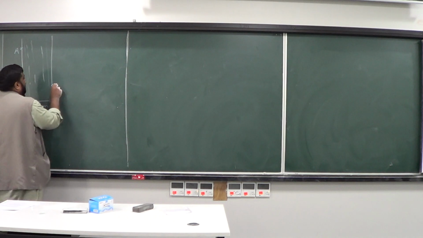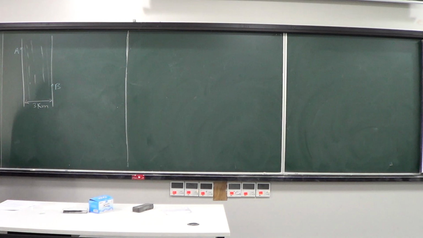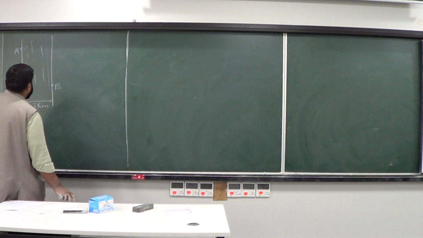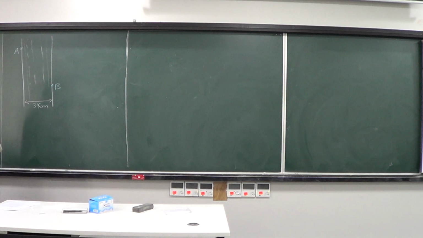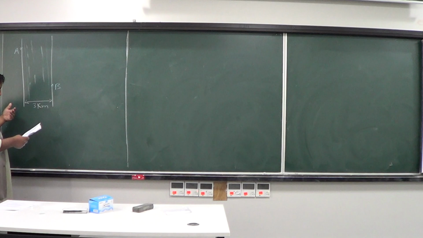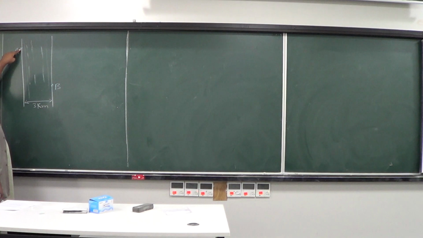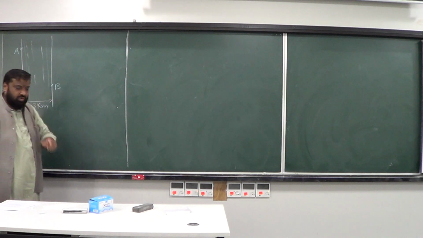That point is B. So the main question is this: how should this person move, say, on a boat, in such a way that he reaches this point in a minimum amount of time?